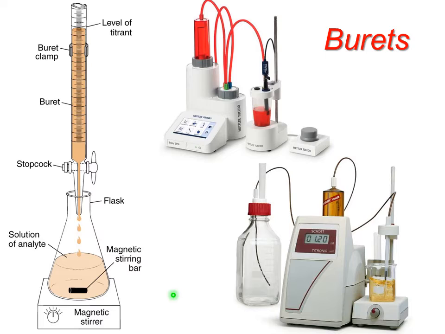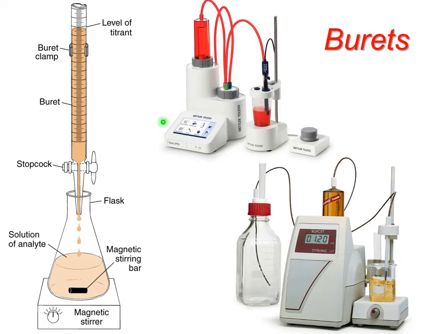Devices we are using for titration are burettes. When you think burette, very commonly you think about something like this. These days it's not true. More commonly we have burettes that are semi-automatic or automatic, and their design is absolutely different.